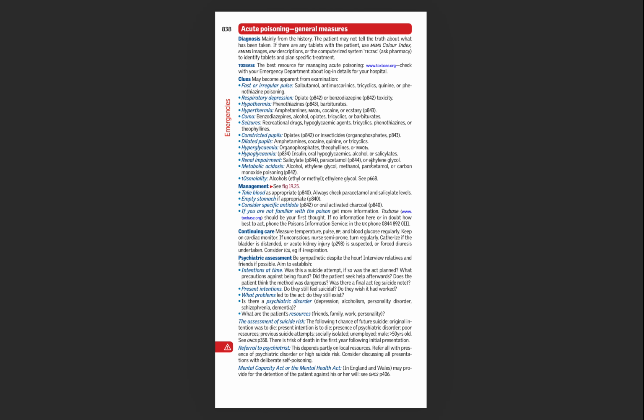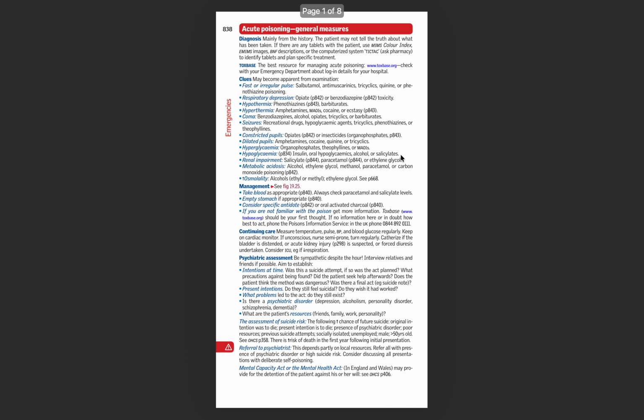Now let's look at the poisoning section. I just want to see if there's anything that I haven't revised. There are different clues, so if there's a fast irregular pulse, it could be salbutamol or antimuscarinics.